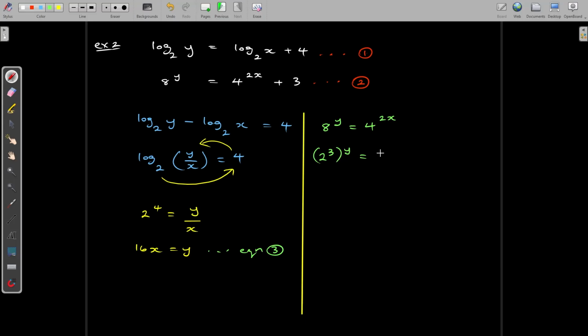And this 4 is the same thing as 2 squared. So that means 2 to the 3y is equal to 2 to the 4x. And then once we have the same base, the exponents are equal, sorry. So 3y is equal to 4x. That makes sense?